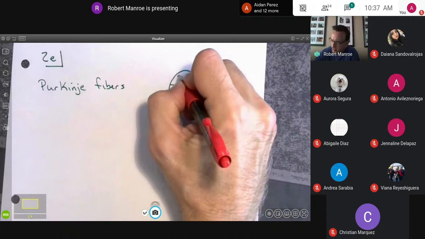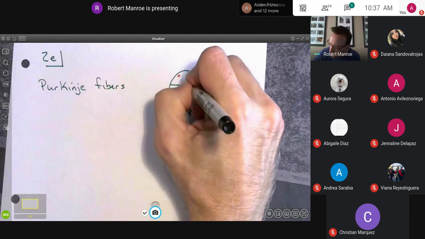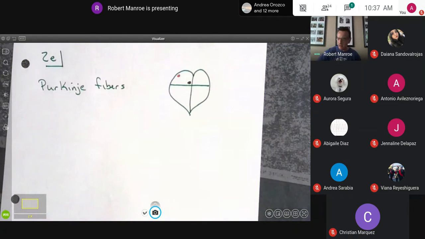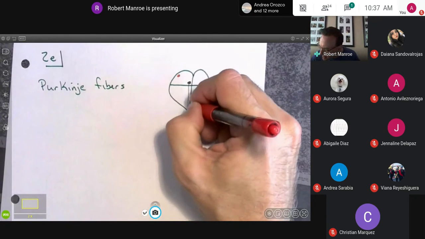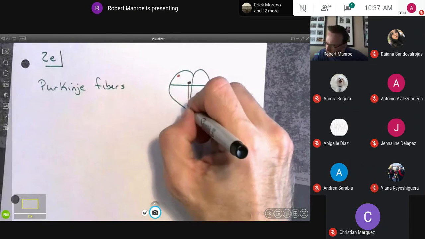So, SA node, AV node, bundle of His, and then the Purkinje fibers come off of the bundle of His. And they go like this.